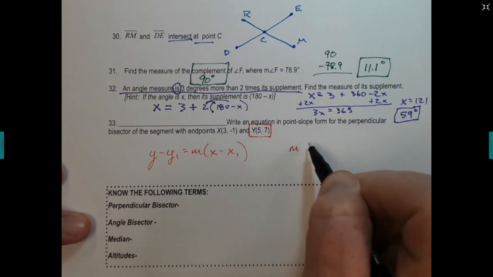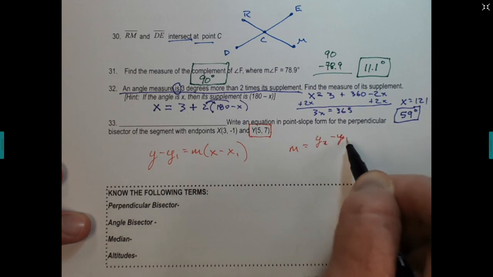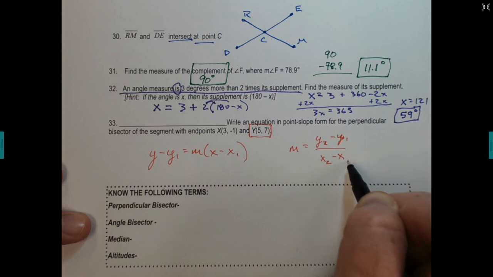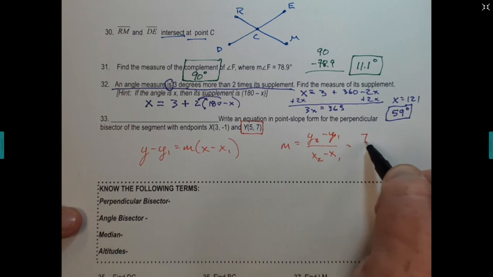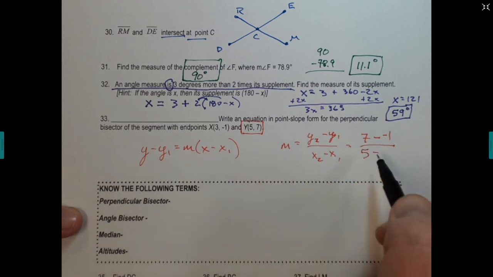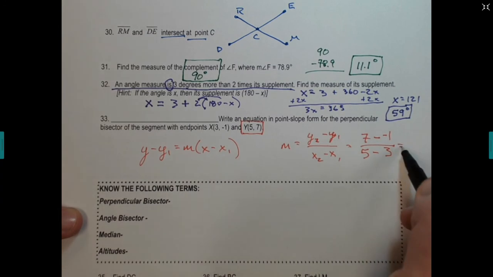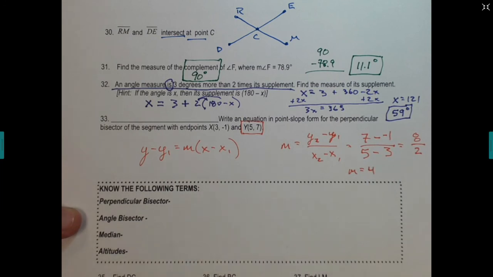I can use the slope formula: y2 minus y1 over x2 minus x1. y2, 7, minus a negative 1. x2 is 5 minus x1, which is 3. 7 minus a negative 1 is 8, over 2, that means my slope is actually 4.